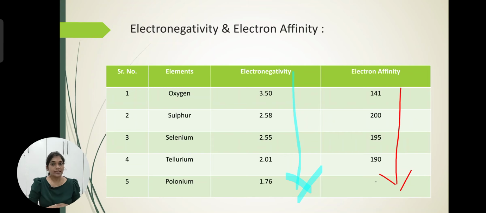Now let's see electron affinity. What is electron affinity? I have already told you that electron affinity means the amount of energy released whenever we add an electron to an atom.